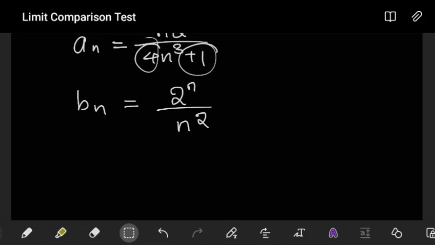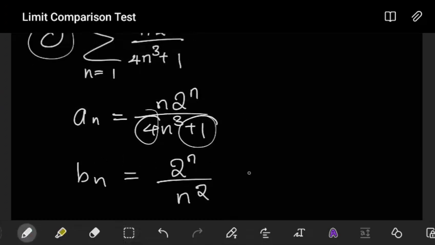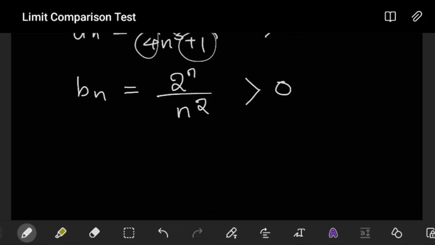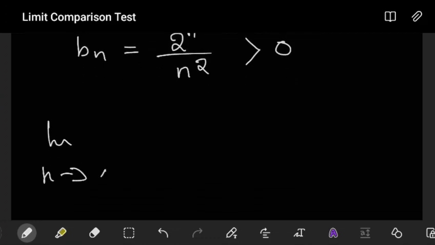Now, once we've reached this stage, we now want to check. You see, our Bn will always be greater than 0. Our An will also always be greater than 0, regardless of what the value of n is. Once this is done, we now want to see if we can use the comparison test here, the limit comparison. And this is by taking the limit as n approaches infinity of An over Bn.